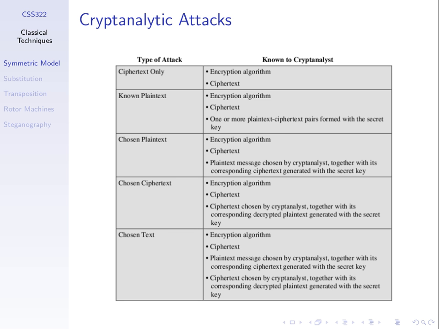And they use this information to discover the key. As we go over here, it generally becomes easier for the attacker to perform those attacks. The more information they have, then potentially easier to break the cipher.